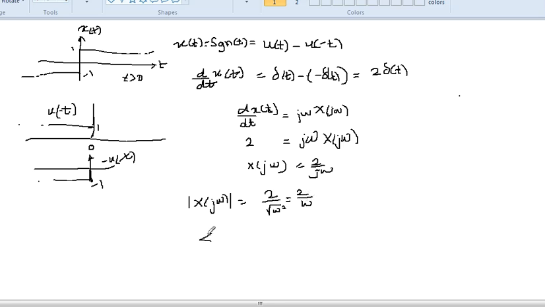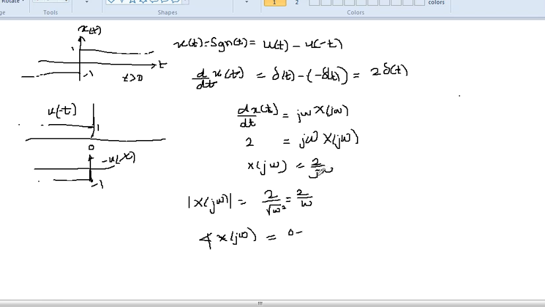Then angle of X of j omega is equal to, now angle is contributed only by the denominator, there is no angle from the numerator, so it is 0.